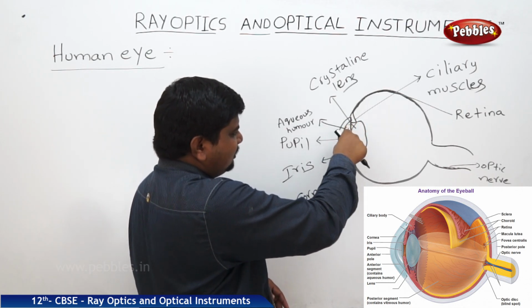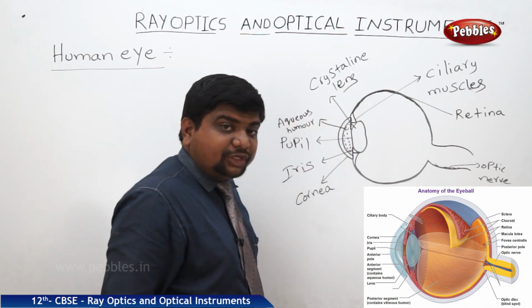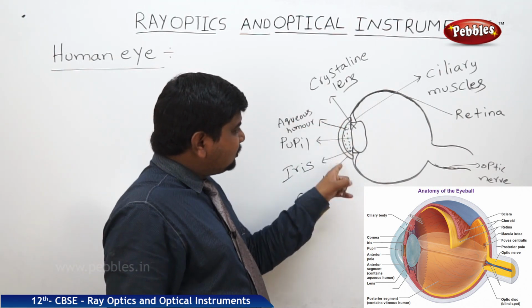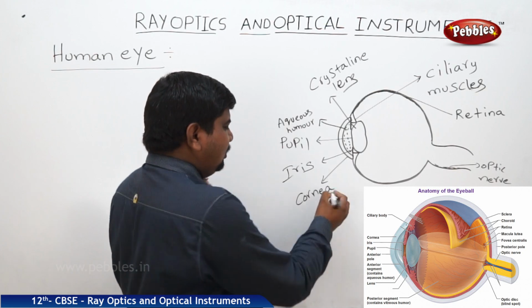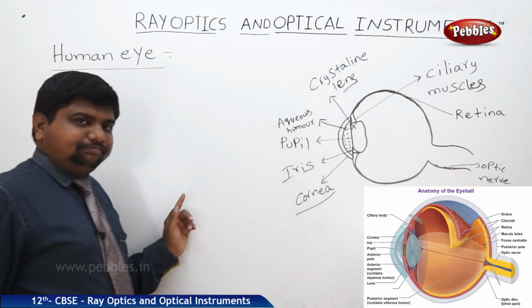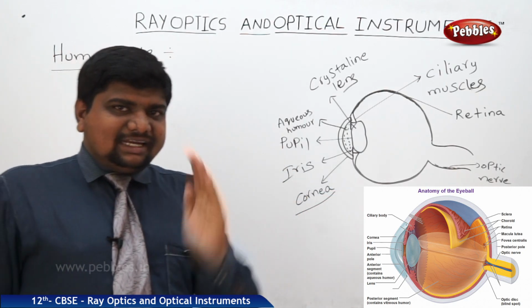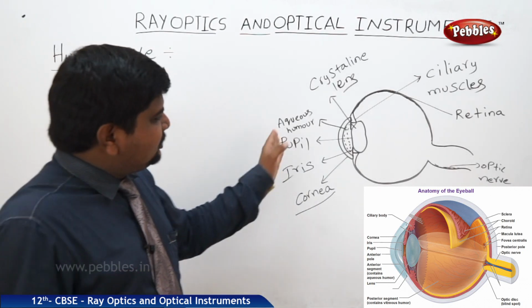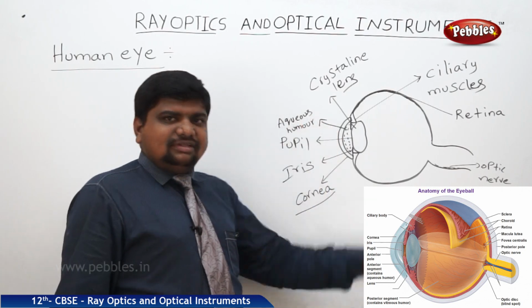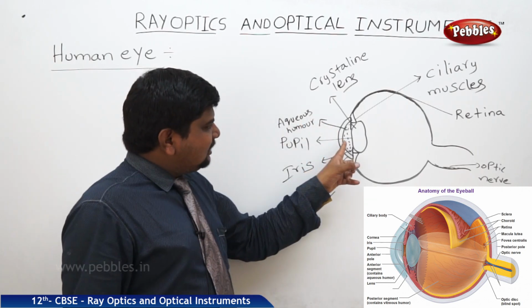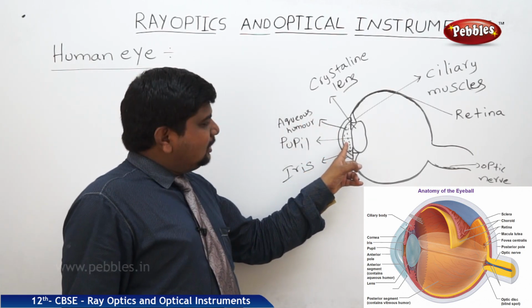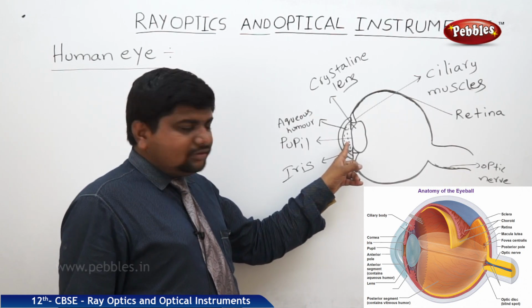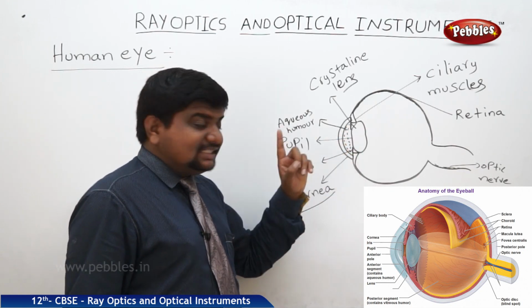This curved front portion of the human eye is called the cornea. It seems to be the first top edge of a convex lens, which is used to converge the light ray. Just behind the cornea, which is the topmost outward curve, some aqueous humor is there.